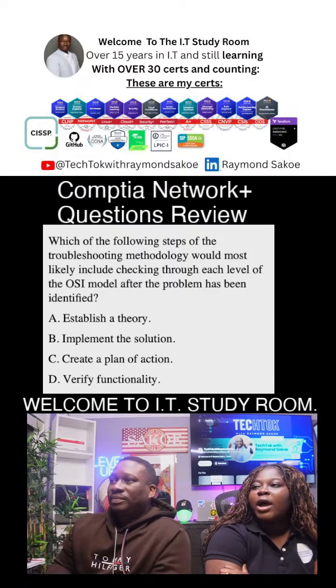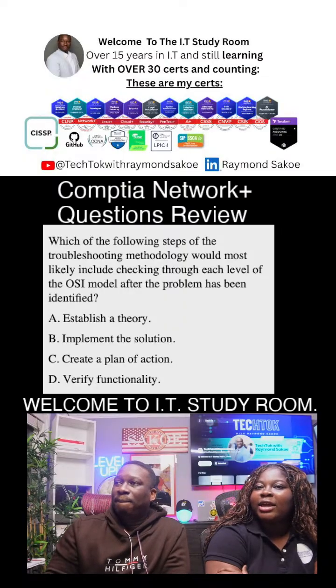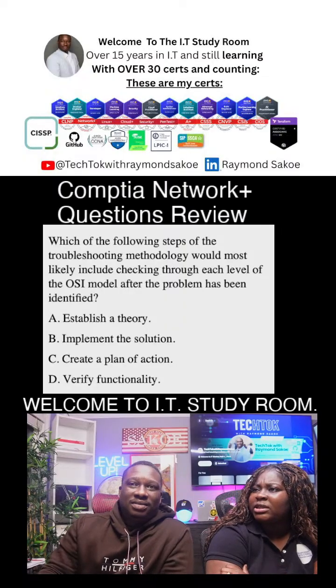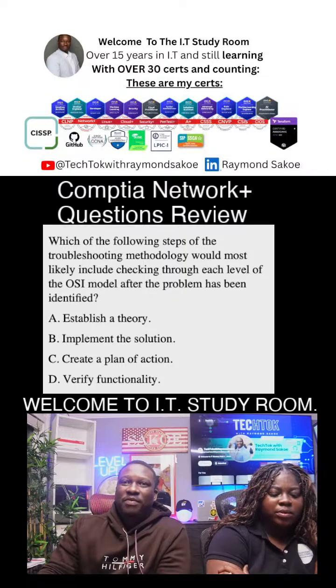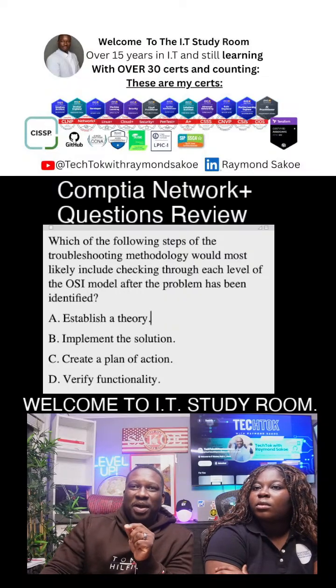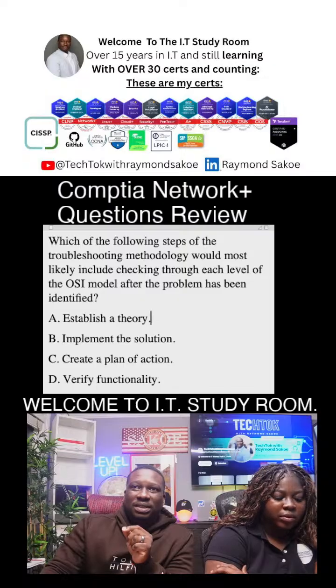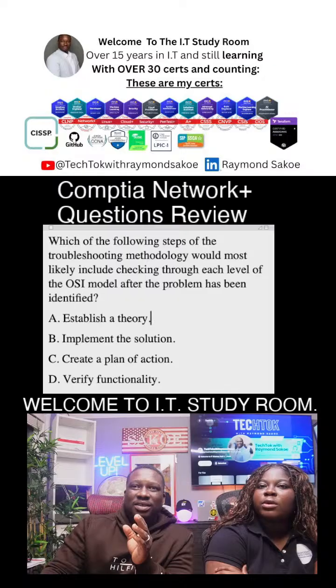All right, Keto says the answer is A. Can you explain why it's not D? A lot of people said D. D is verify functionality, so that would be step 5. But remember, the question is saying it would most likely include checking through each layer of the OSI model after the problem has been identified.